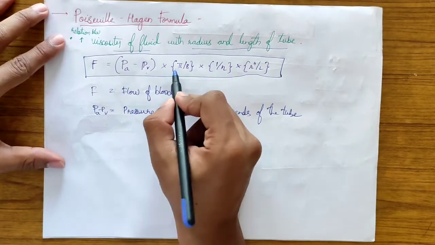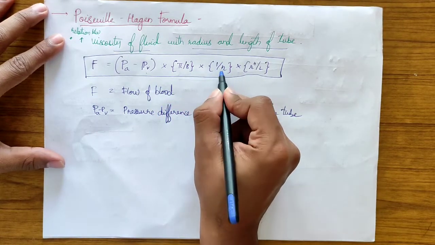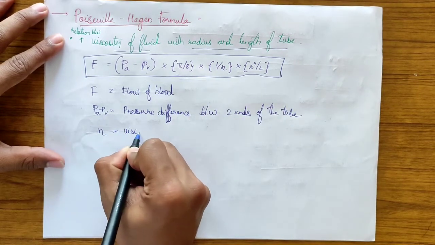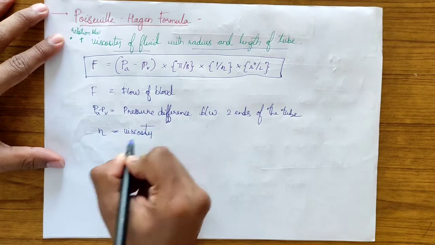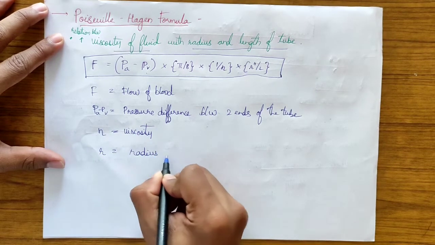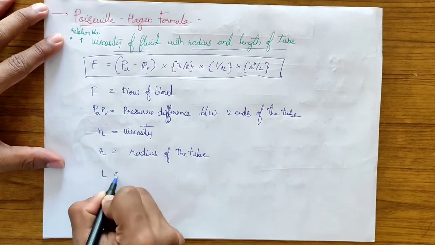Okay. So this is pi by 8, this is 1 by viscosity, this is viscosity. R is the radius of the tube, and L is the length of the tube.